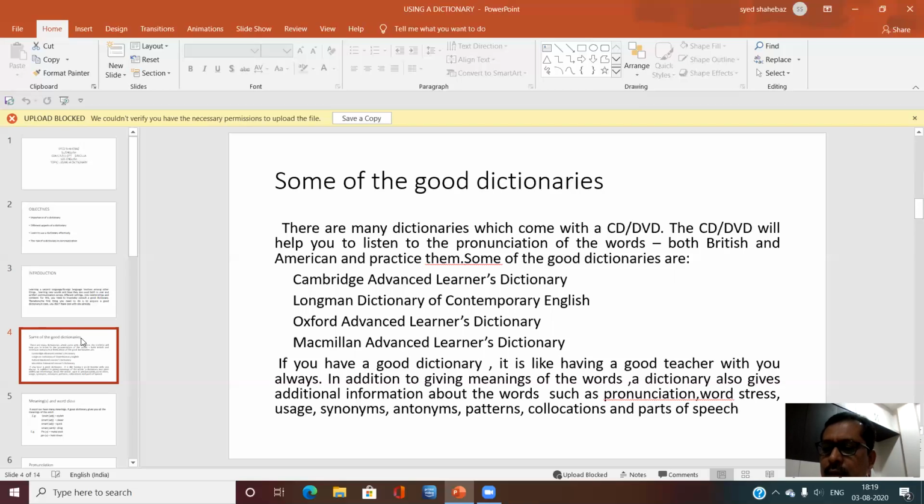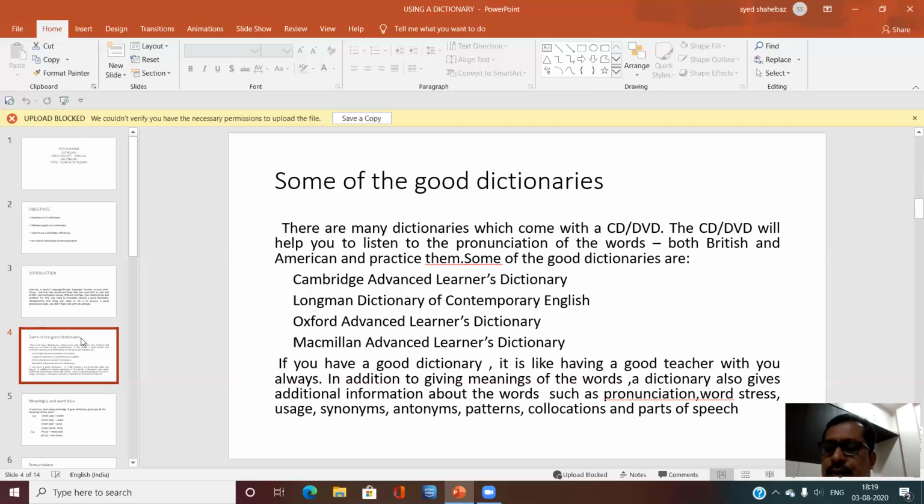If you click on that particular word, that word will be pronounced, the received pronunciation. It is the standard pronunciation. You can listen to that word being pronounced digitally. So you can see after that word. In that way, you can practice.